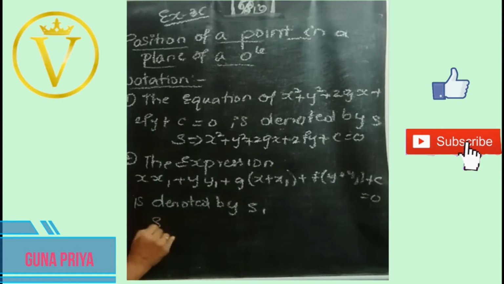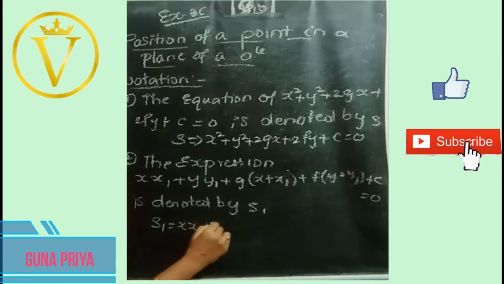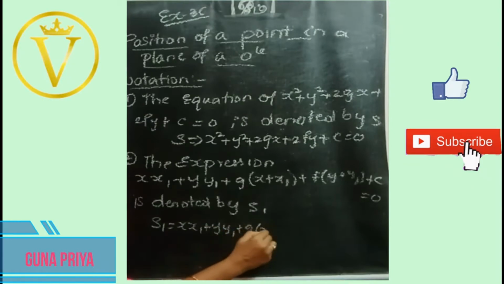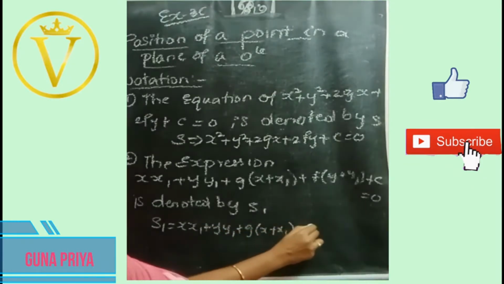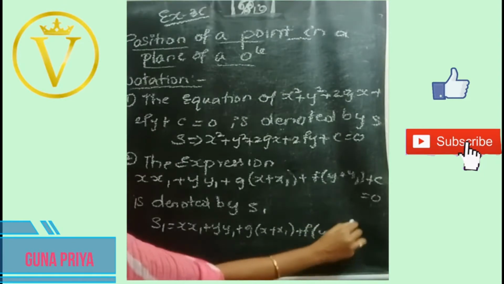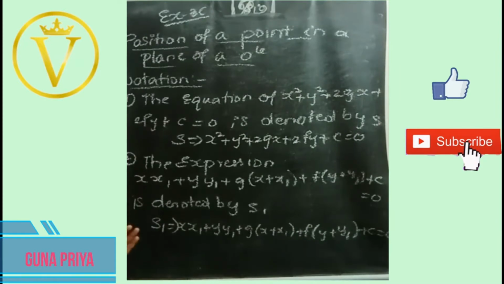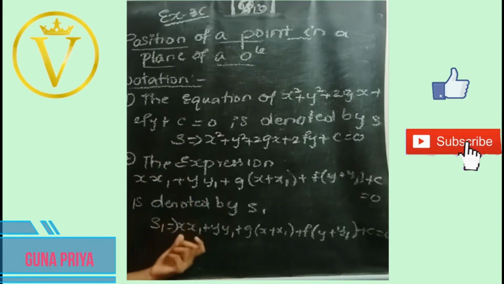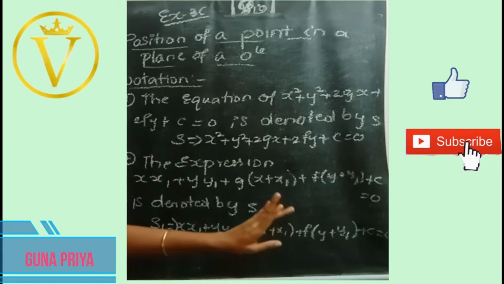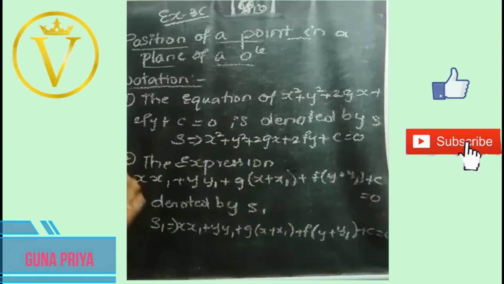So here S1 equals x x1 plus y y1 plus g into x plus x1 plus f into y plus y1 plus c equals to 0. So don't confuse between these two expressions. This is the S for the circle equation. For S1, that means the position of a point, S1 is x x1 plus y y1 plus g of x plus x1 plus f into y plus y1 plus c. This is the S and S1.